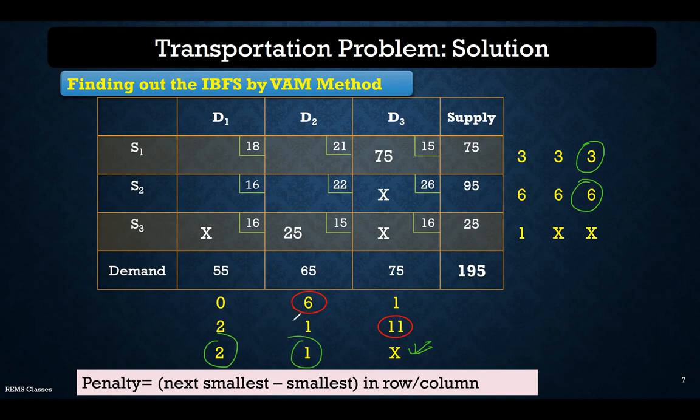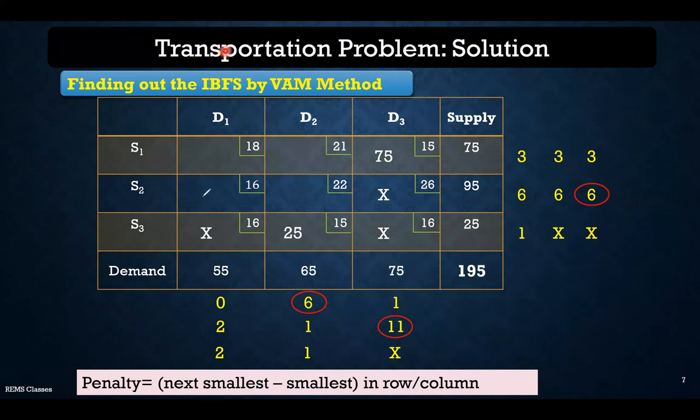Again, we'll select the maximum penalty, and in this third iteration, the maximum penalty is 6 units. So we have selected this particular row, and for selecting this row, we have to allocate.